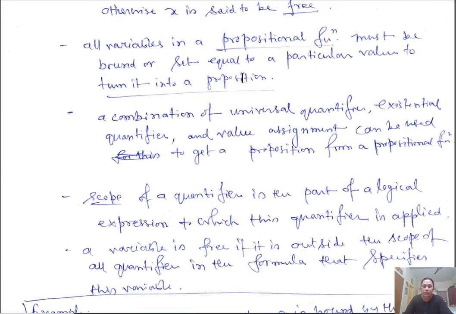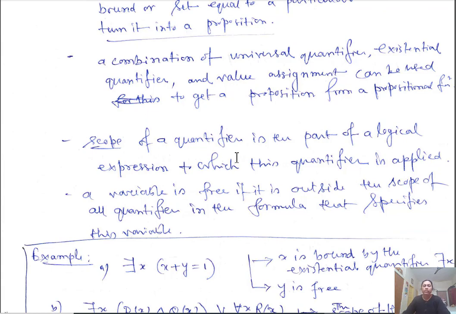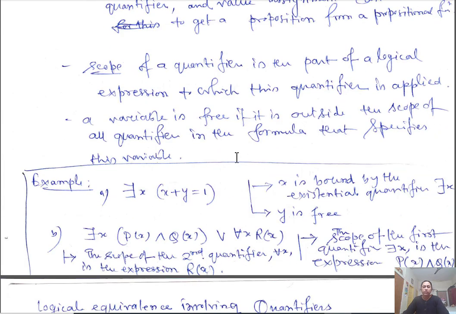There is another thing we call the scope of a quantifier. For example, there exists x, P(x) and Q(x), or for all x, R(x). The scope of the quantifier there exists is the expression P(x) and Q(x), and the scope of the second quantifier for all x is the expression R(x).